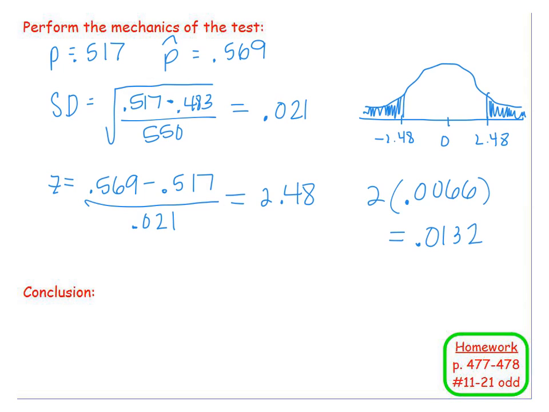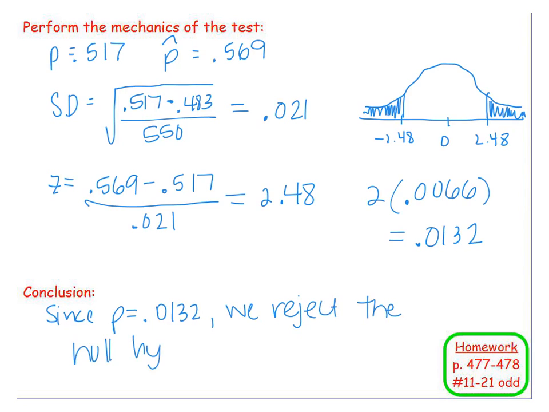So let's write our conclusion. Since p is equal to 0.0132, if you remember, this one is also less than 0.05, so we are going to reject the null hypothesis. And that example is done.